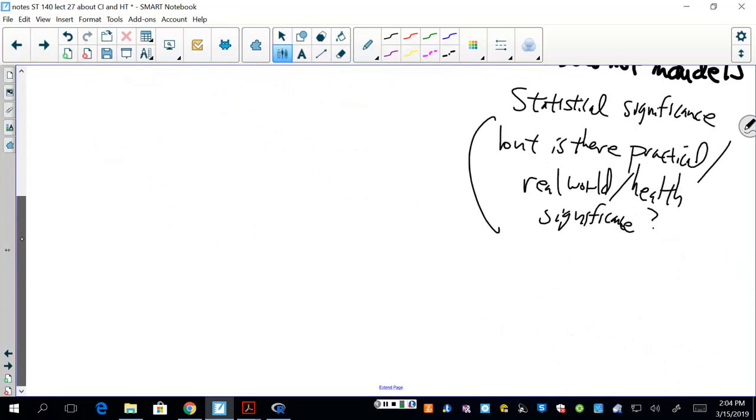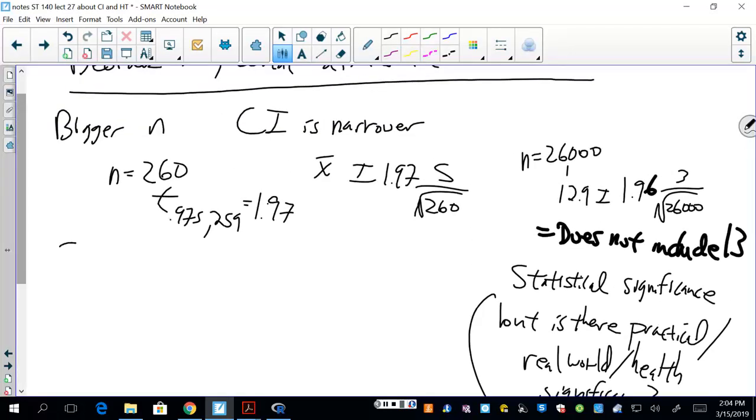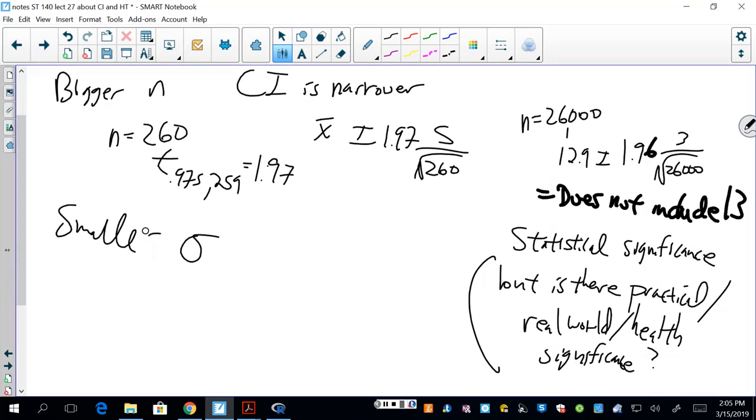Now, the other thing that affects it is that s. So I'll say a smaller sigma, because you might get a smaller standard deviation in the sample just by chance, but if we did something different, maybe we would get smaller standard deviations overall. Maybe this is a measurement issue. You send a sample out to a lab and they measure it.